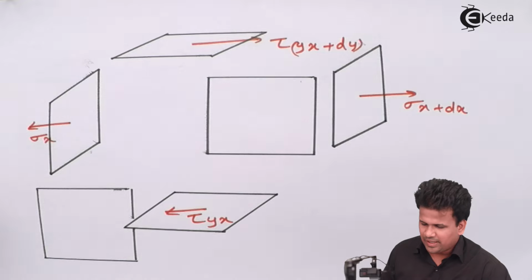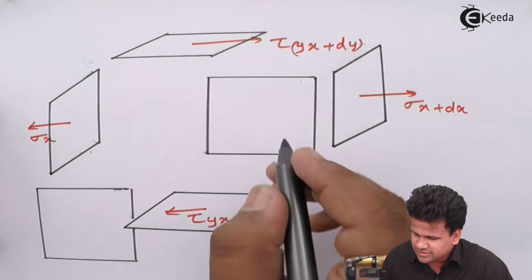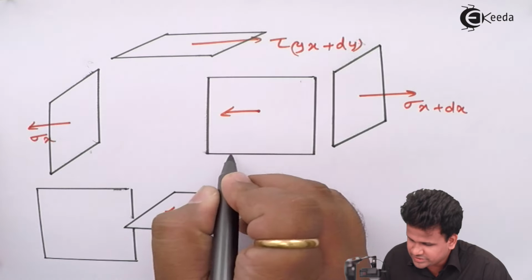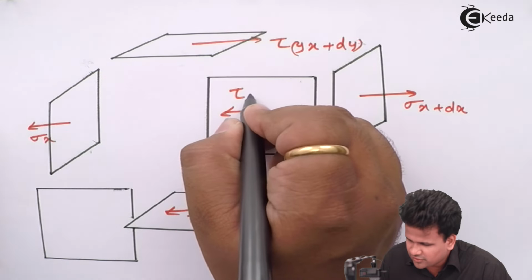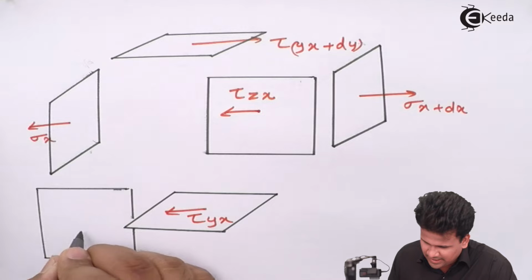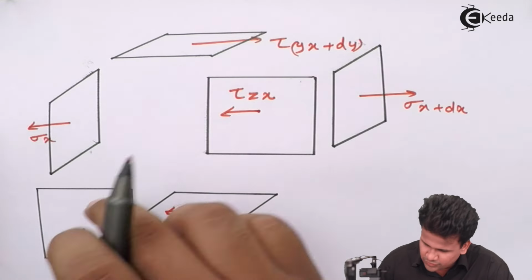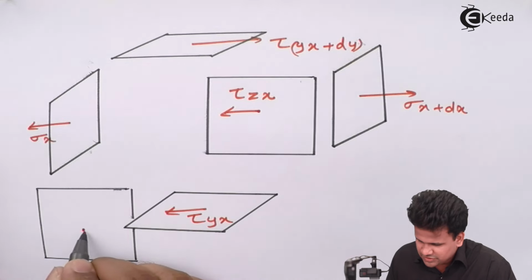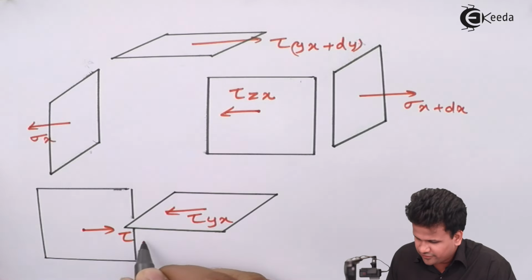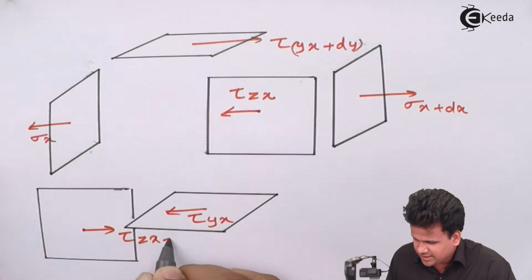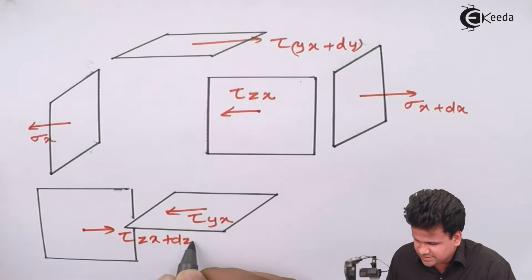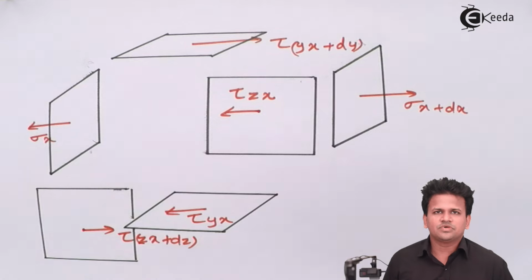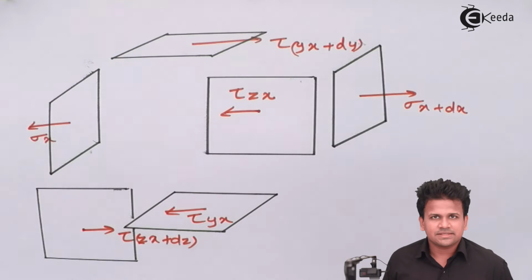And the third part will be along the z direction. So if I consider this as a point, this is going towards the left, so this is tau of z plane x direction, and the distance between the two planes we have increased and split into individual parts, so this will be tau of z plane x direction plus dz. So we have seen all the forces along the x direction.